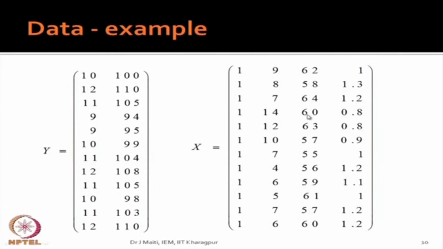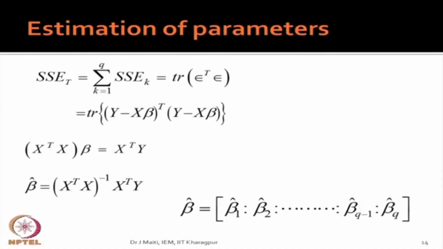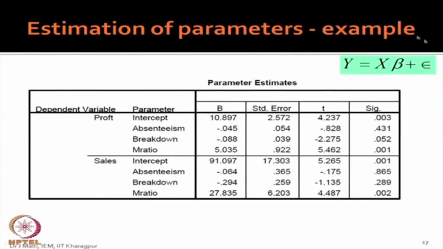So, that means 3 variables from the independent side and 2 variables from the dependent side we have considered. Then what have I used? I have used SPSS, and the SPSS result is this.